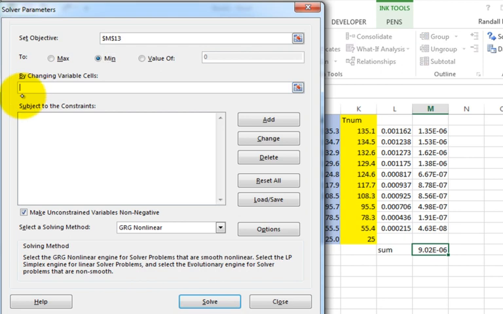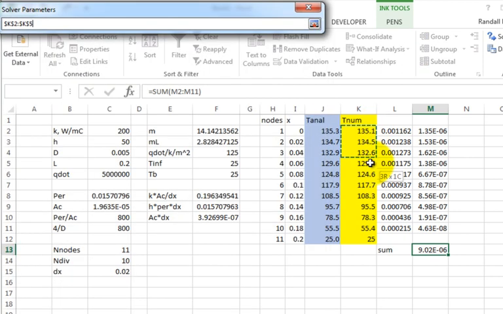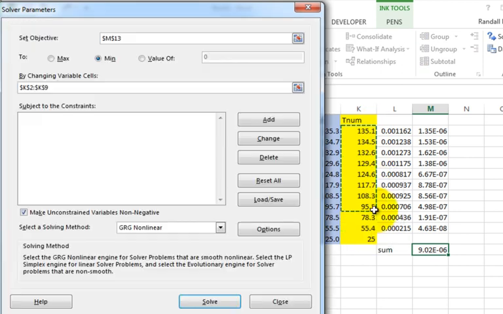And by changing, and then I just went over here and I selected all of these. When I selected them, it filled that K2 through K9. And then, again, I have played with constraints. I've used them. They're very good when you need them. But at this point, you don't need anything. And then you just hit solve.